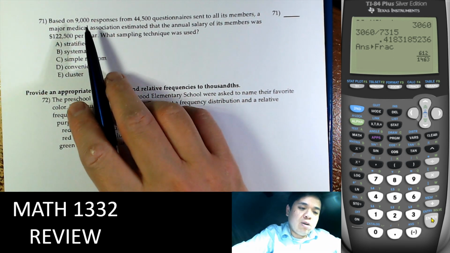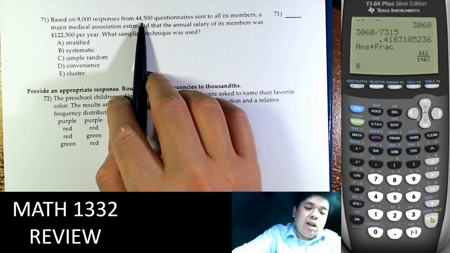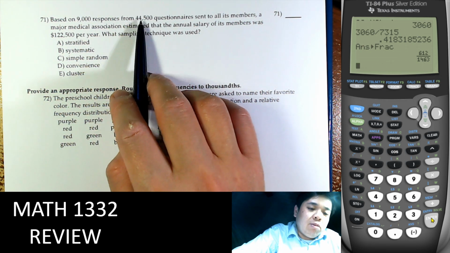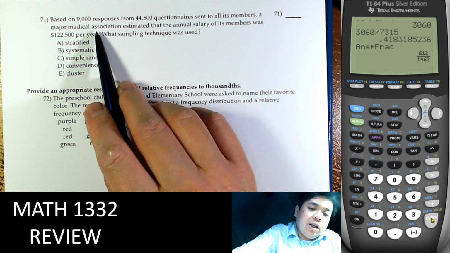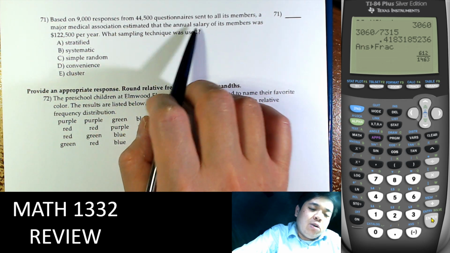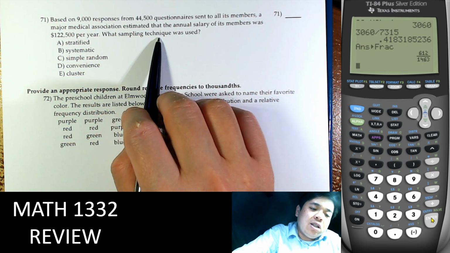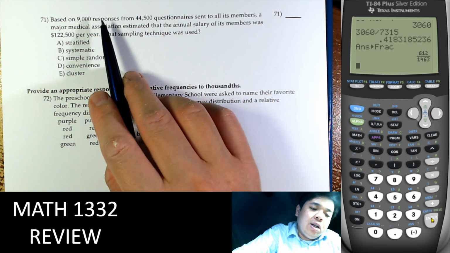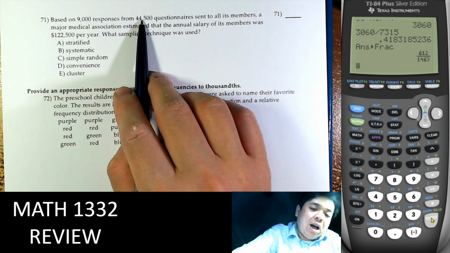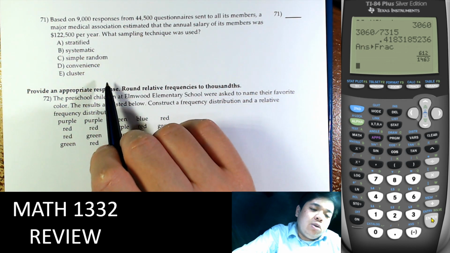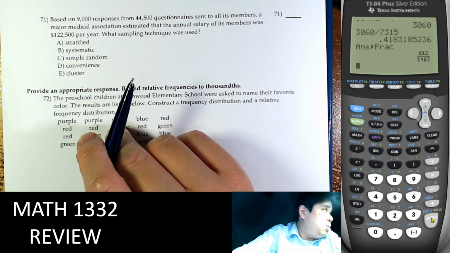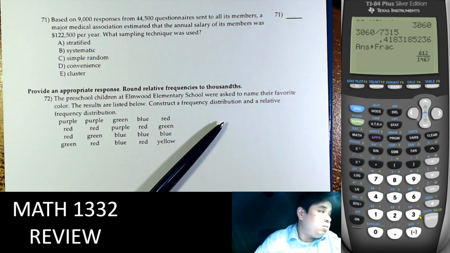Based on 9,000 responses and 45,500 questionnaires sent to the members, estimate the annual salaries. What sampling technique is this? 9,000 responses from that. Measure estimate the annual. So in this case, it's just a simple random sample.